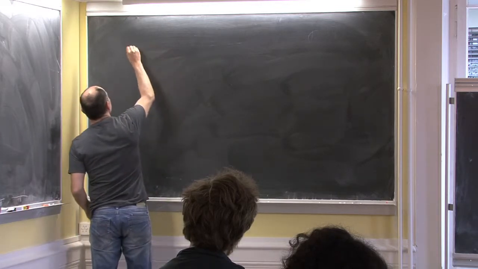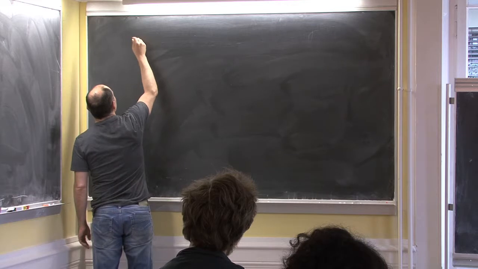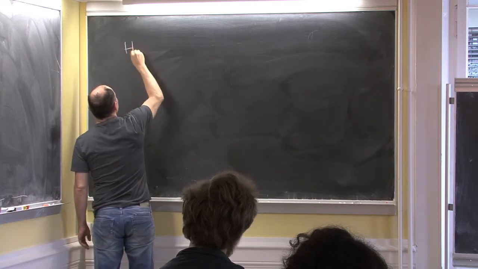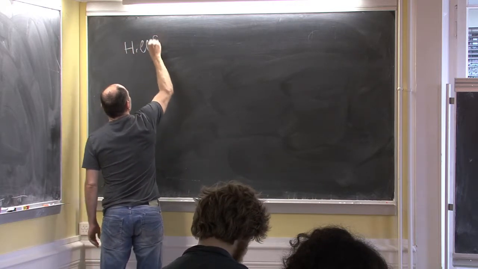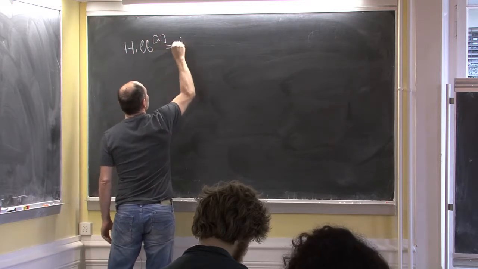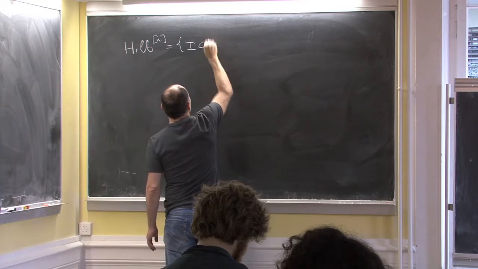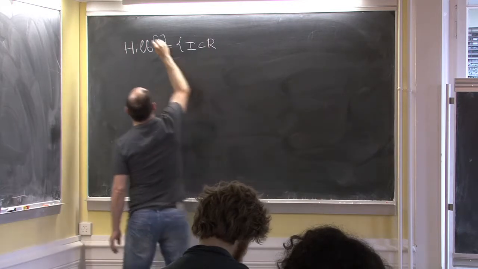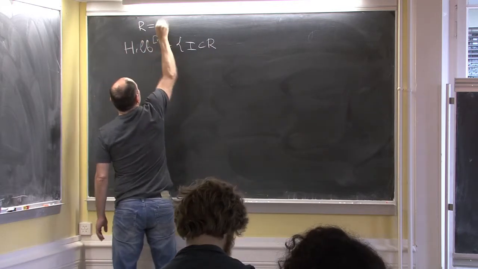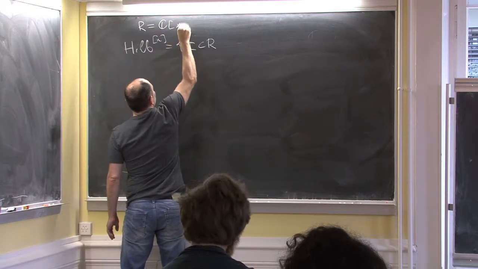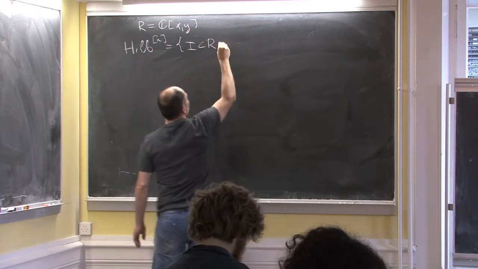So what I was saying is that for every n, you have the Hilbert scheme of points on the plane, and these were just all ideals in R, where R was this ring, right?